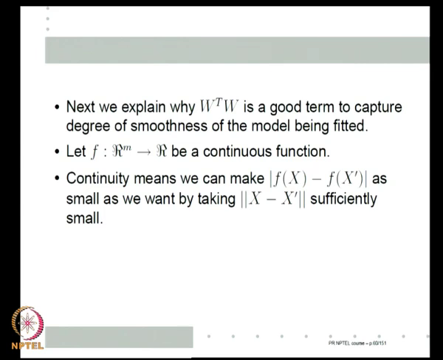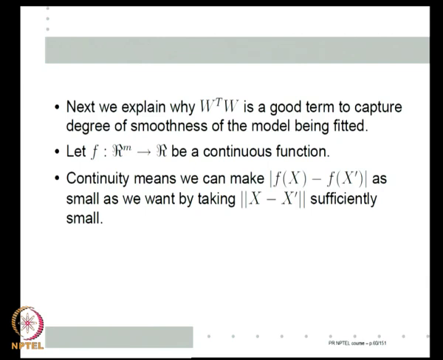But even if f is continuous, if it is varying rapidly, then to make the difference between f x and f x prime small by the same epsilon, I may have to make the difference between x and x prime very small.